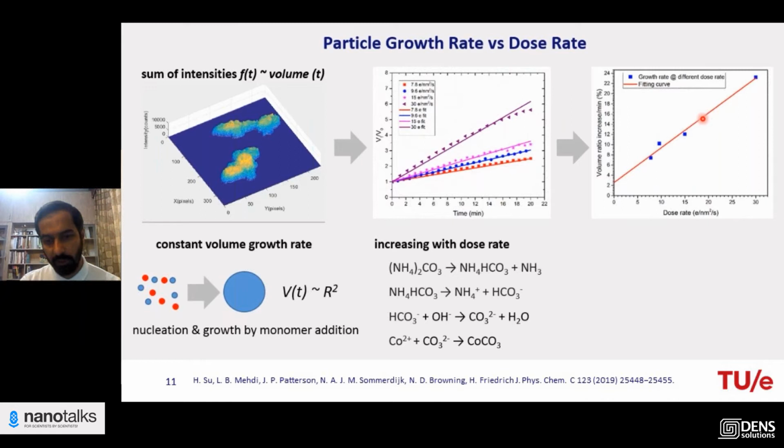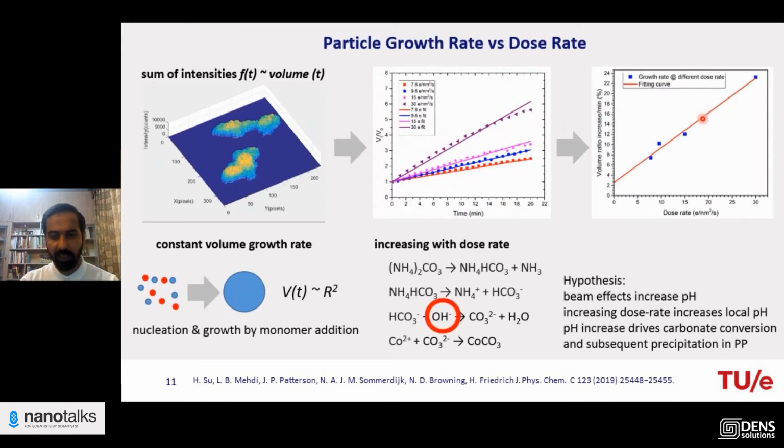Considering all of these possibilities for the cobalt carbonate formation, and knowing that it happens at a high pH, there was a hypothesis that, in contrast to what is known about the electron beam effect on water, which decreases the pH, we have a local increase in pH.